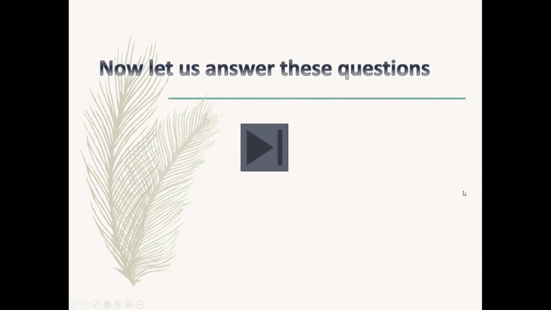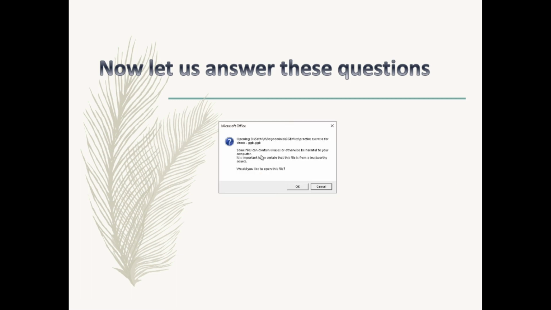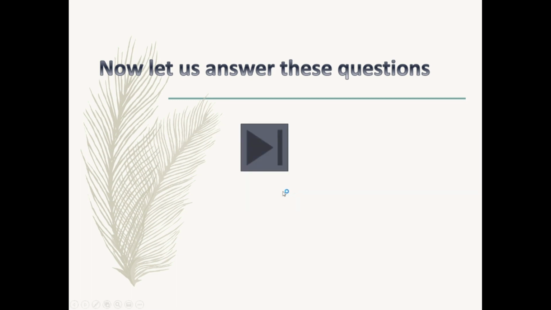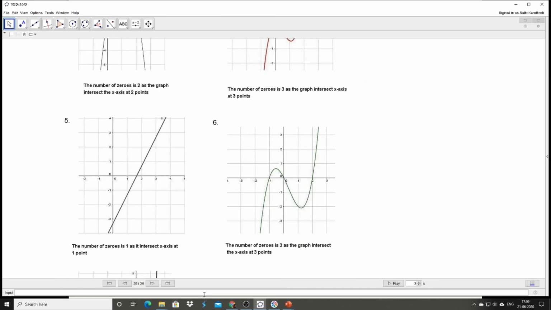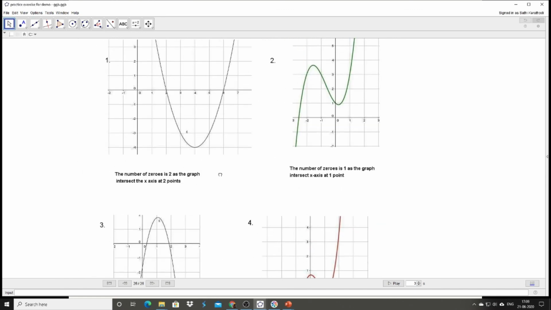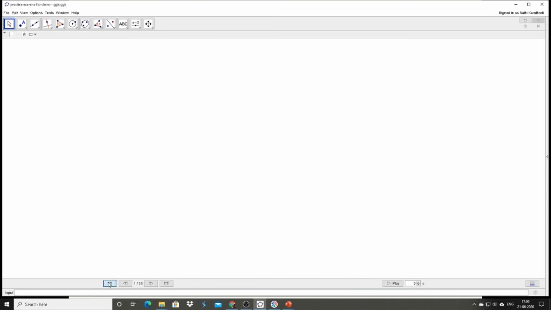Now let us answer these questions. The graph of y equal to p(x) is given here, where p(x) is a polynomial.